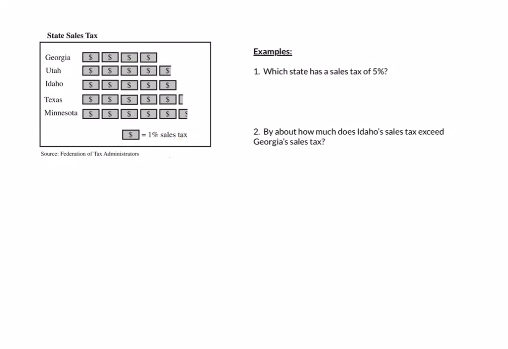There's not much that we can really do with pictographs. One of the first things we can do is just find a certain piece of information. For example, example 1 says which state has a sales tax of 5%. We want the figure that has 5 full dollar bills, and that's going to be Idaho.